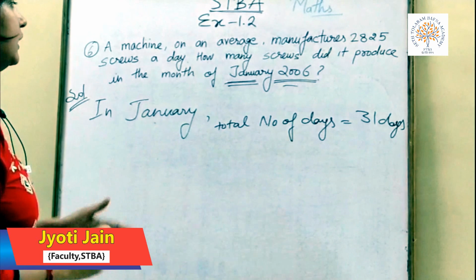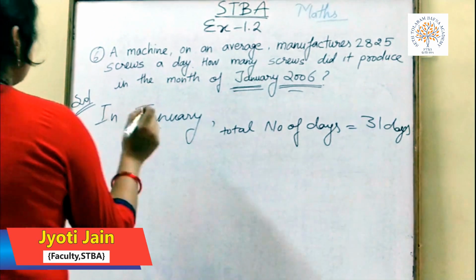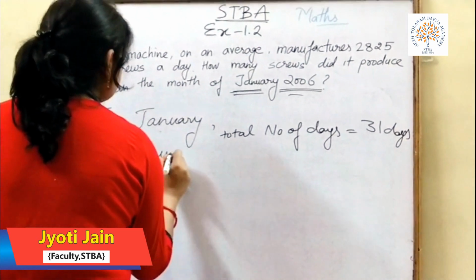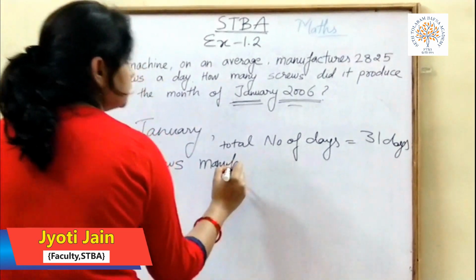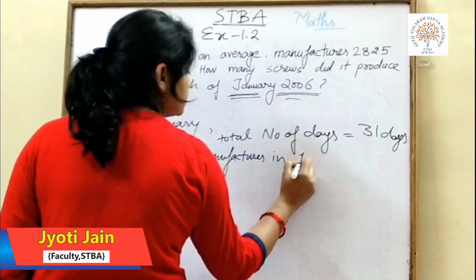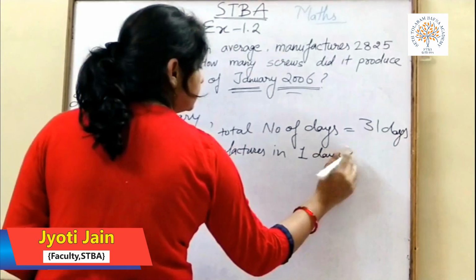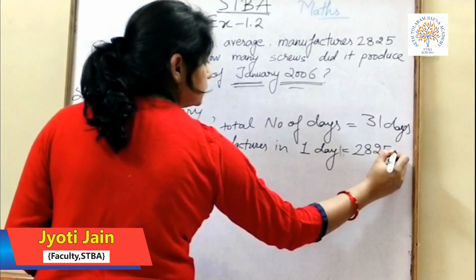So clearly this problem is related with multiplication. So screws manufactured in one day are 2,825.